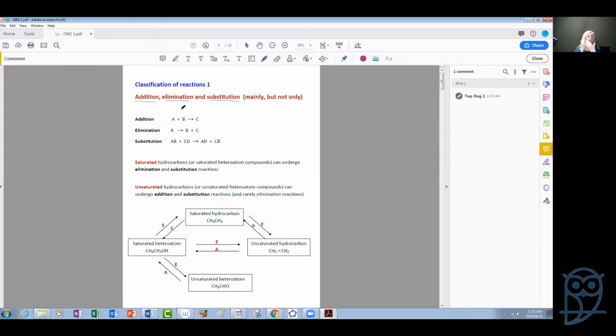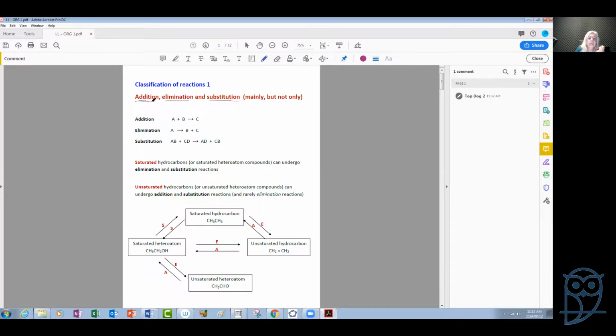There are other types as well, for example, the combustion reactions belong to this category. But because we want to understand the mechanisms that are in play in organic chemistry, these are the three reactions that we need to understand in particular.